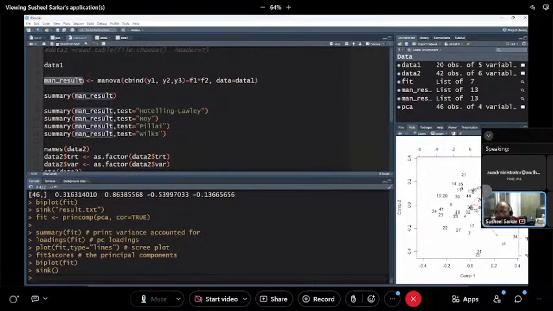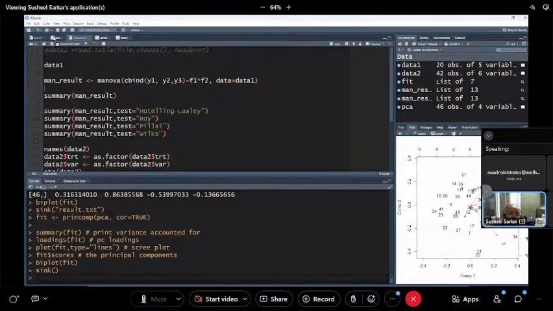This is the name of my result. Just copy it, paste it somewhere here, and put $1. Now you are getting coefficients, residuals, effects, rank, fitted values, assign, QR, df.residual, contrasts, xlevels, call, terms, model. You run one by one all these results, because in the result file, these are the columns available in the result. So you see one by one and get into it.